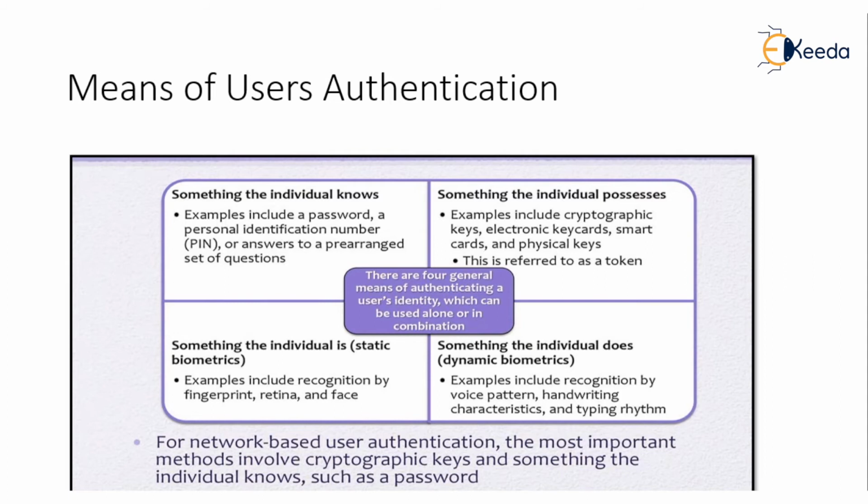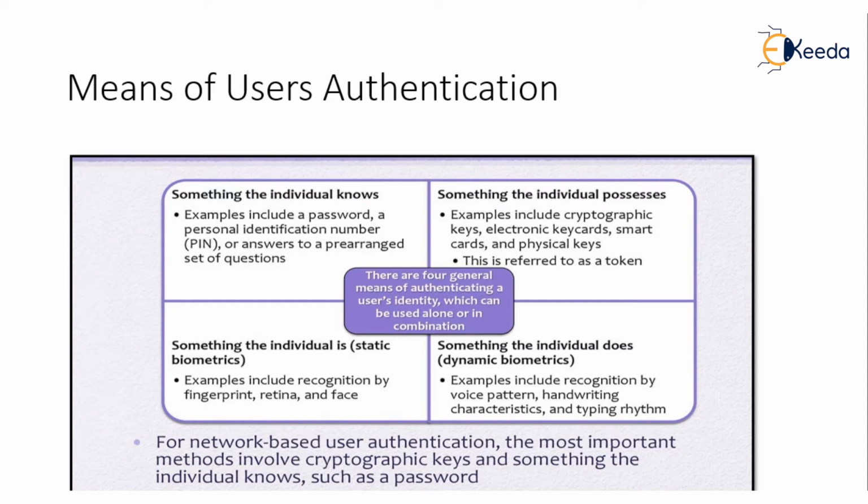Now, what are the means of users authentication, which also includes the different types of users authentication, which we can say has been classified broadly into four parts. The first one is something which the individual knows. The other is something which the individual possesses.